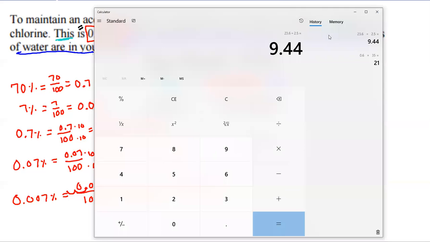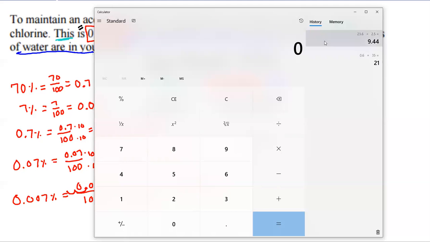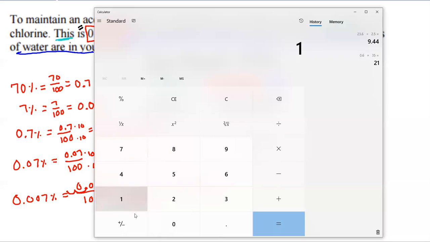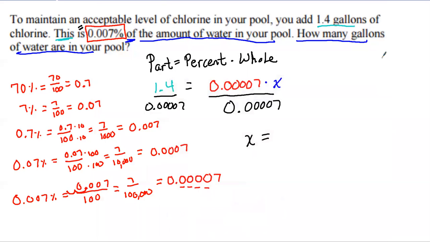You can use a calculator here. 1.4 divided by 0.00007, with 4 zeros in front of the 7, equals 20,000.